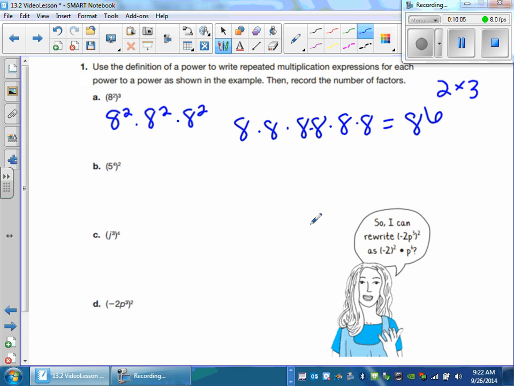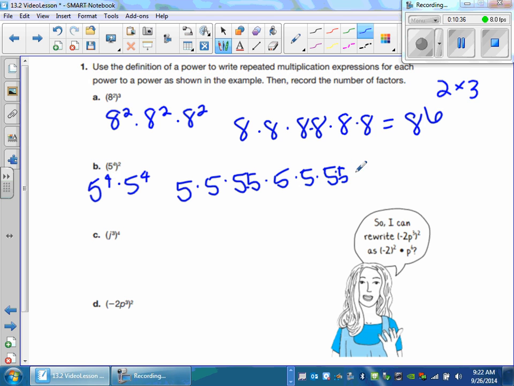So let's try one more together and then I'll let you go on your own. In this case we have 5 to the 4th power and then to the other power of 2, so we're going to take 5 to the 4th times 5 to the 4th. If you write it out in expanded notation, 5 times 5 times 5 times 5, 4 times, and then you need another set because you're doing it to the second power. 1, 2, 3, 4.